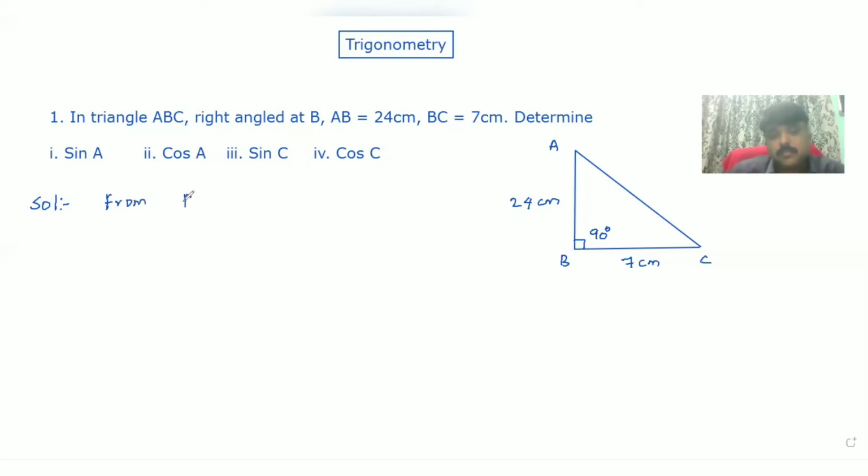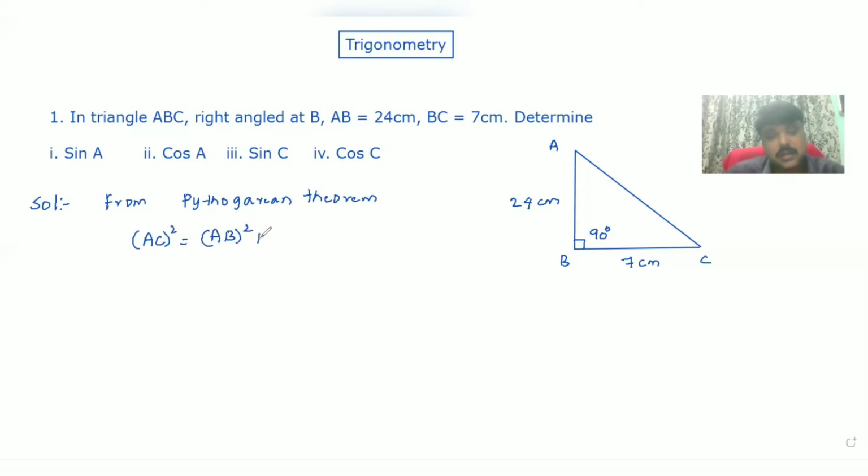From the Pythagorean theorem, we can write the square of the hypotenuse is equal to the sum of the squares of the other two sides.